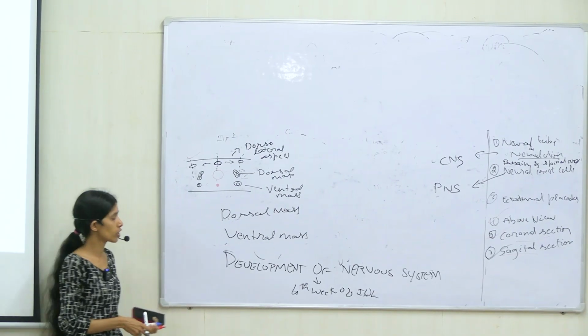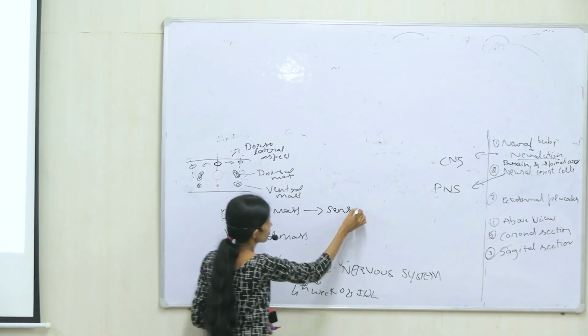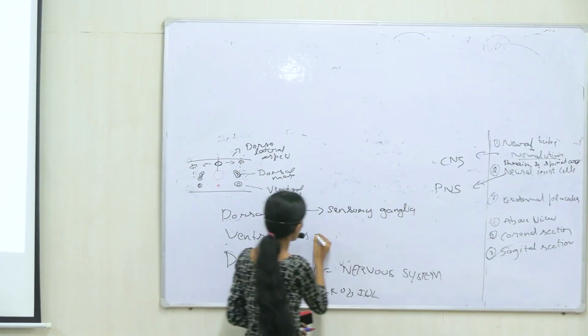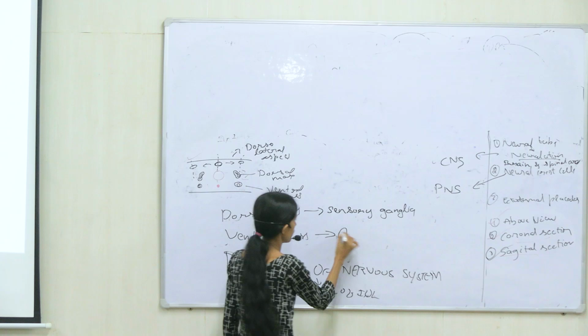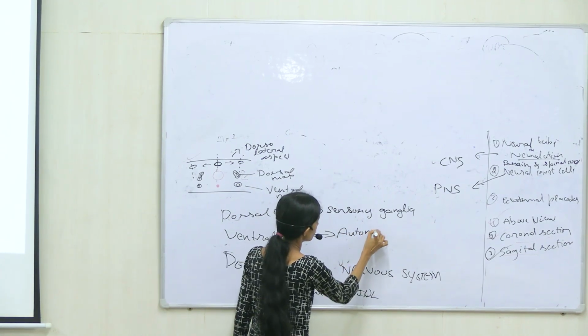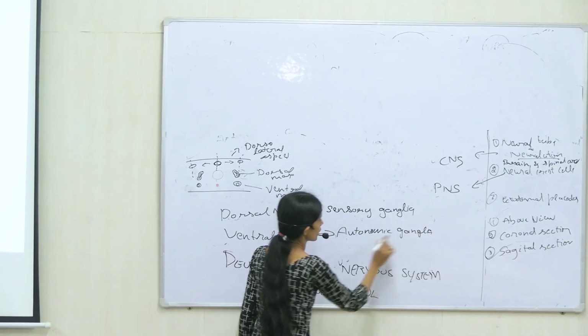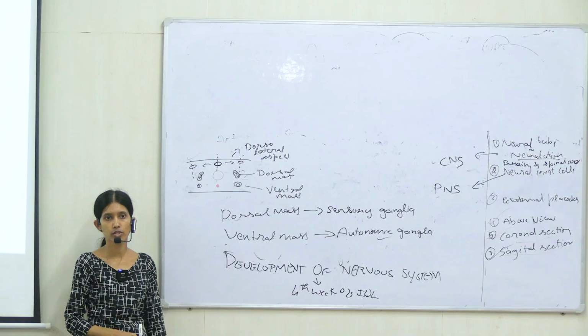Okay, your dorsal mass will give rise to sensory ganglions and your ventral mass will give rise to autonomic ganglion. That is your sympathetic and parasympathetic ganglions.